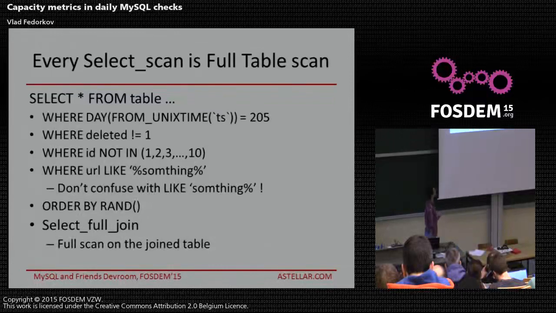And even worse, if you have a non-zero select full join, which means that you have a join and the second table has a full table scan for every row in the first table. The good thing is you will probably notice this right away because everything will be stuck and the users start complaining really fast.